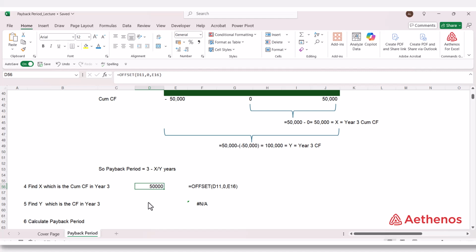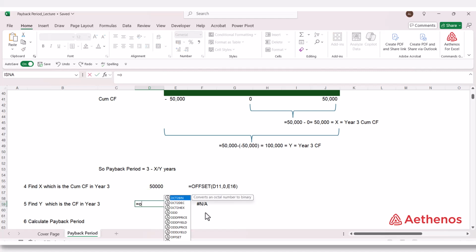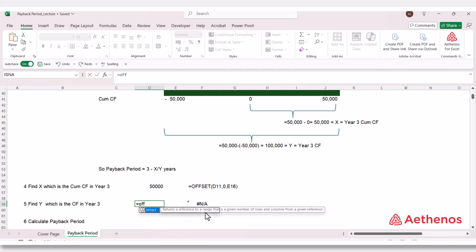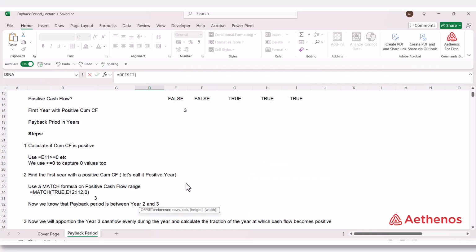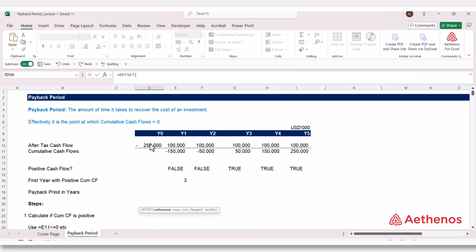So now I need to find the Y value. So I can use another OFFSET function, equals OFFSET, and the reference cell will be here. We are going by cash flow now, D10, comma, and for rows I need to keep inside the same row, I put 0, and then the number of columns I need to go is 1, 2, 3 until I go to the positive cumulative cash flow here.